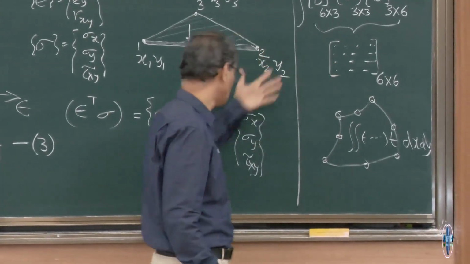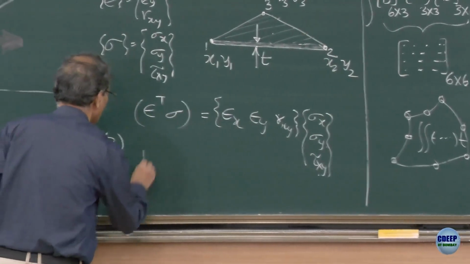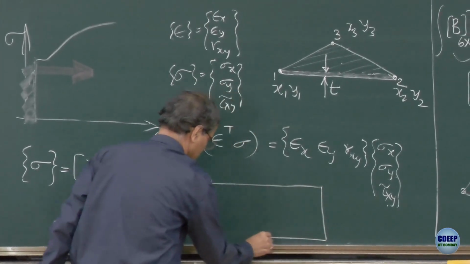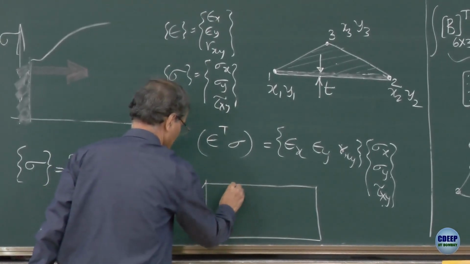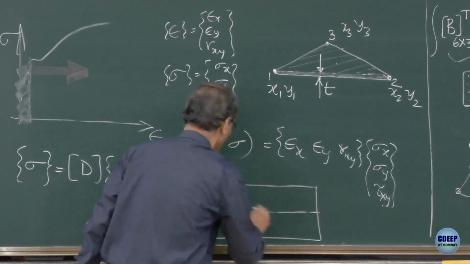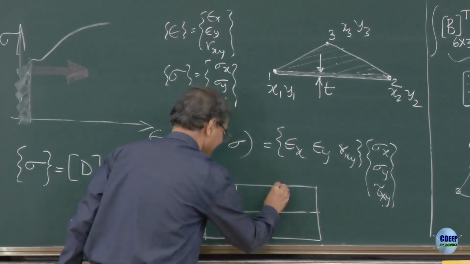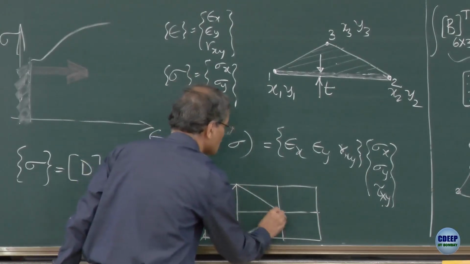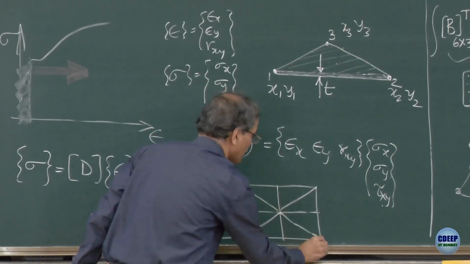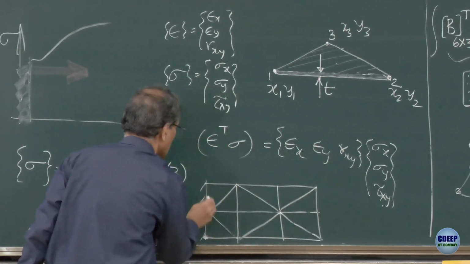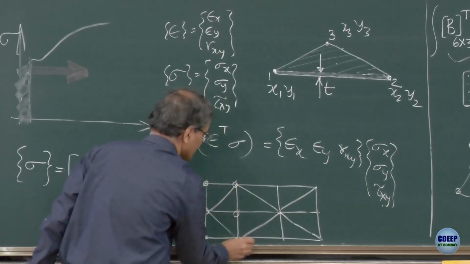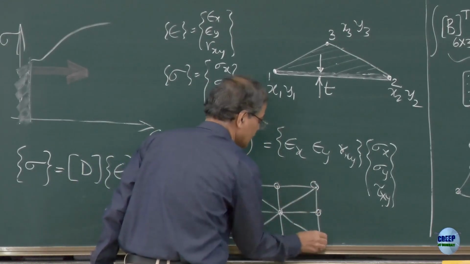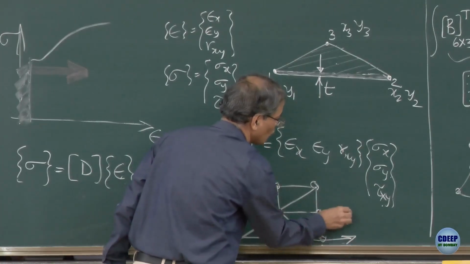Okay. Even if you were to take a simple problem, very simple problem, say I take so many triangular elements, let us say that it is subjected to some loads.